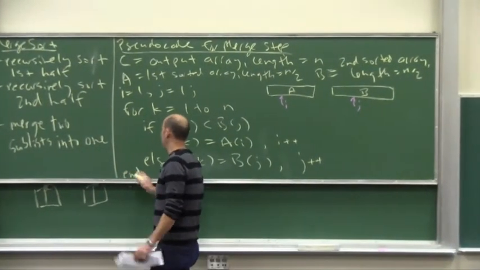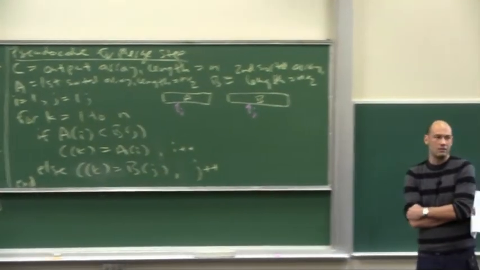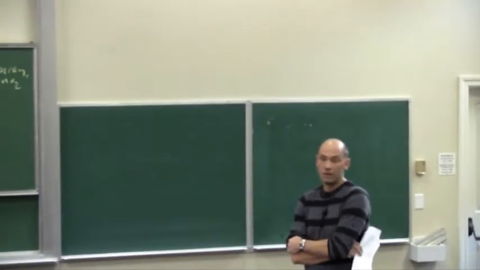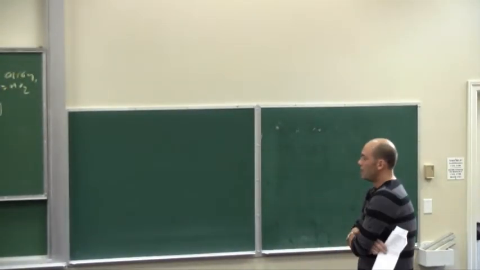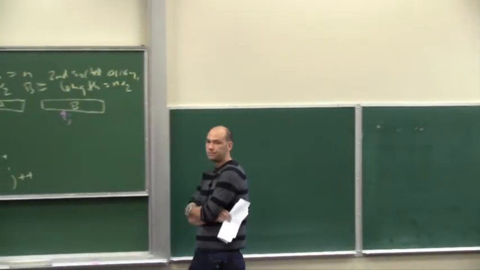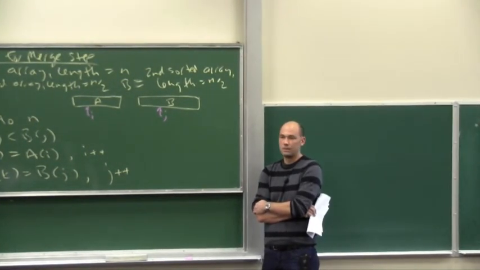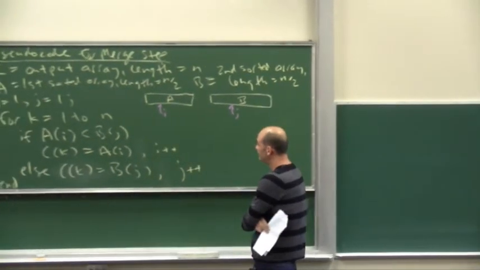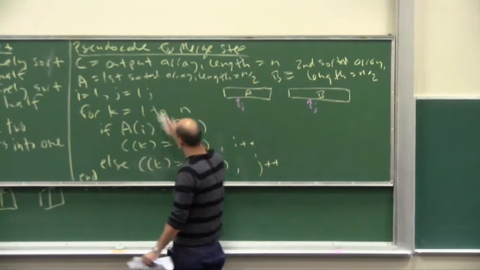Any clarification questions about this pseudocode? One thing I should say: there are some edge cases where you run off the end of one of the two sorted subarrays. I'm just ignoring them for simplicity, to keep it as clear as possible. Any handwriting questions or other questions about what this says? Yes, for k equals 1 to n.